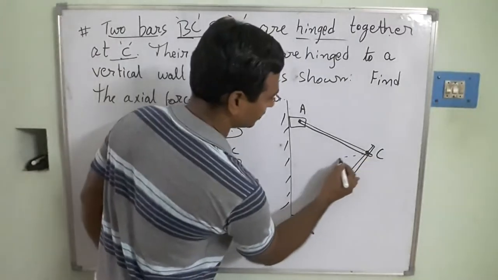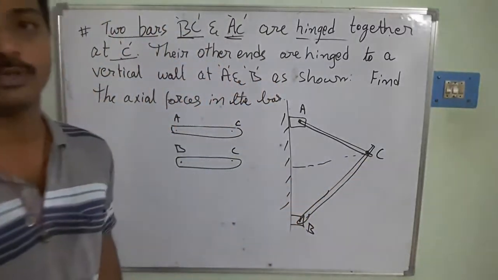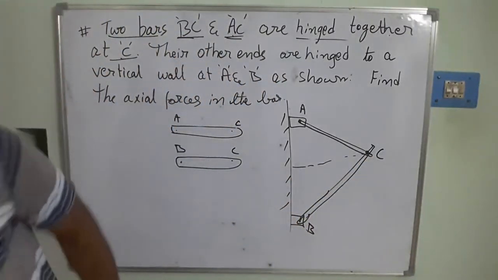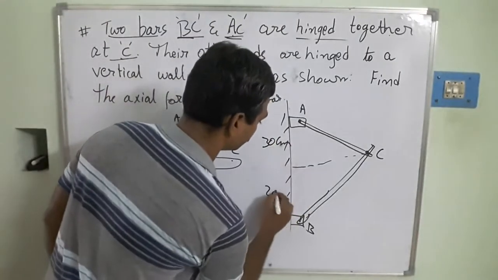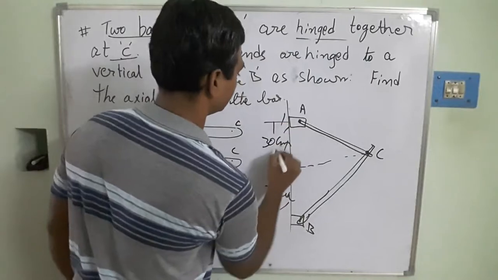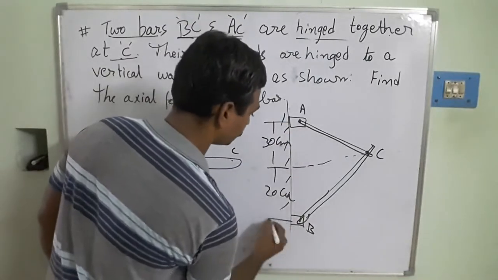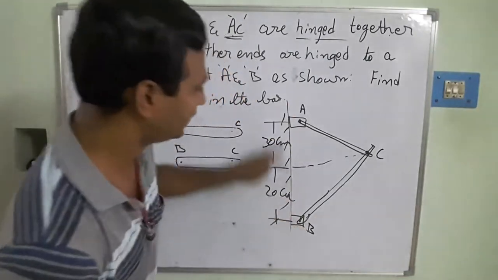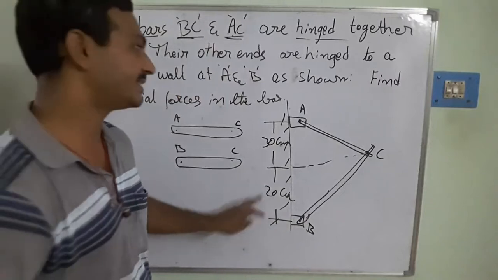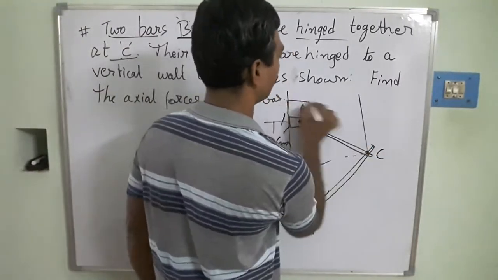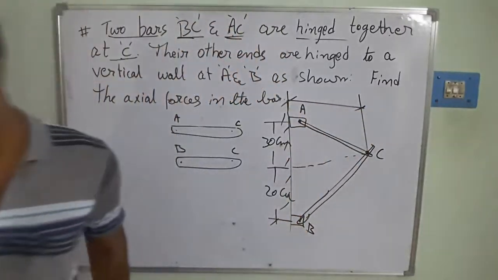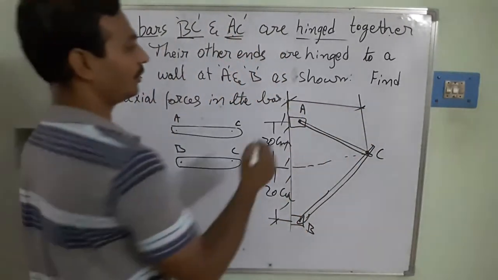He has given two distances: one is 30 centimeters, the second is 20 centimeters. So the distance between A and B is 50 centimeters. At the same time, from this vertical wall to the point C, the hinge point, the distance is 25 centimeters.